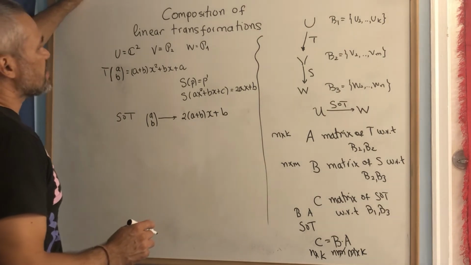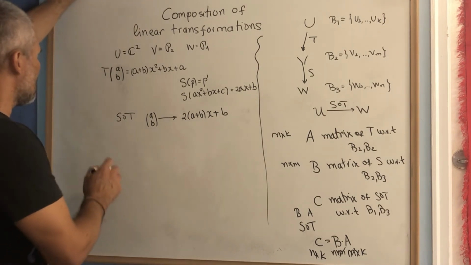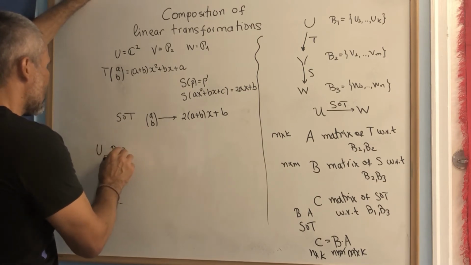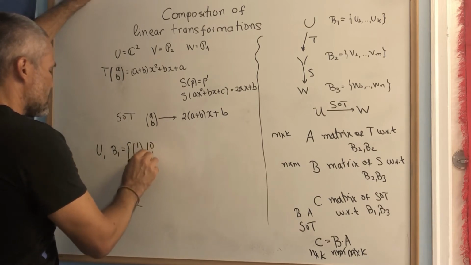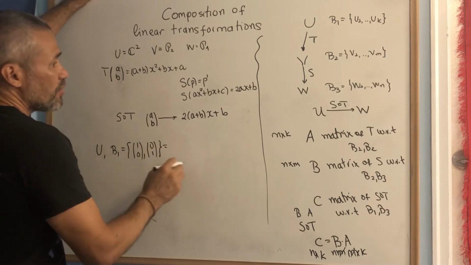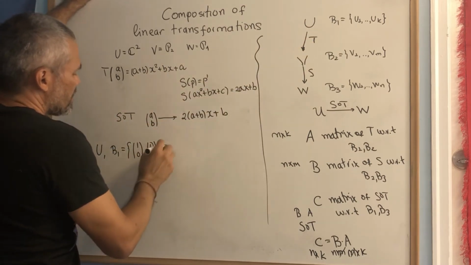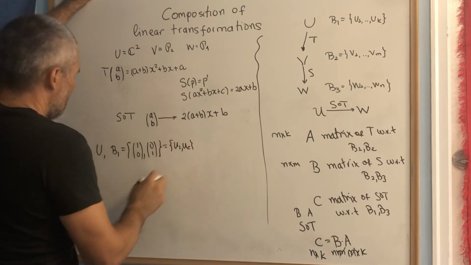Then let's compute the matrix A. To compute the matrix A, let us assume that the basis B1 that we are using for U is just the vectors (1, 0) and (0, 1). To be consistent, even though these are E1 and E2, I'm going to call them U1 and U2.